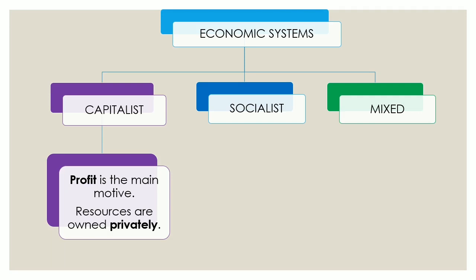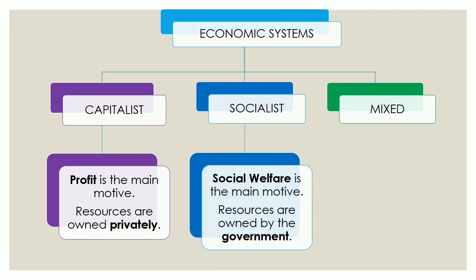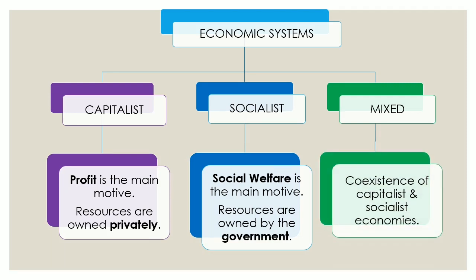In the capitalist economic system, profit is the main motive, and here resources are owned privately. In socialist, the social welfare is the main motive while resources are owned by the government. And lastly, in the mixed economic system, there is coexistence of the capitalist and socialist economies.